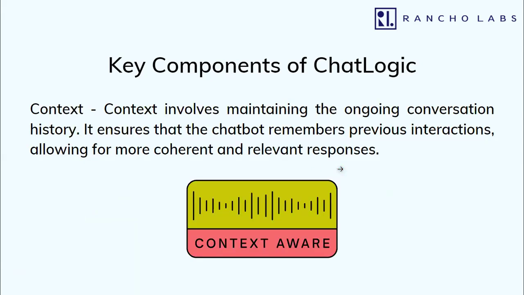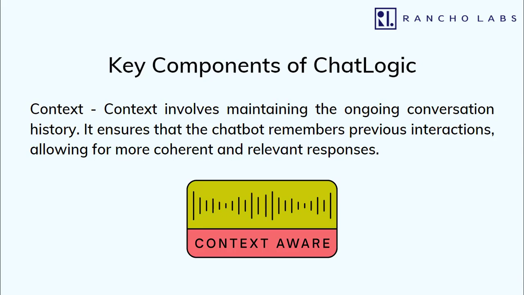Now, context. Context involves maintaining the ongoing conversation's history. It ensures that the chatbot remembers previous interactions, allowing for more coherent and relevant responses. I already discussed this concept yesterday also. It has to store all the previous conversations.